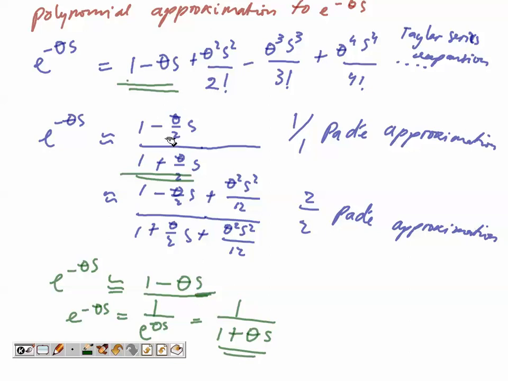There are 1, 2, 3, 4, or 5 if we include the 2 over 2 Padé approximation. You can use any of them to solve your problem. Sometimes you use this one, sometimes that one, based on your problem.